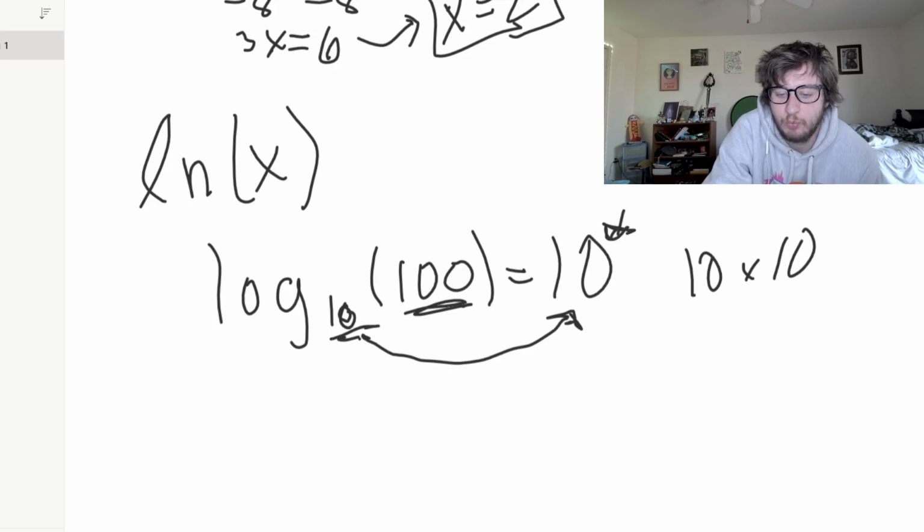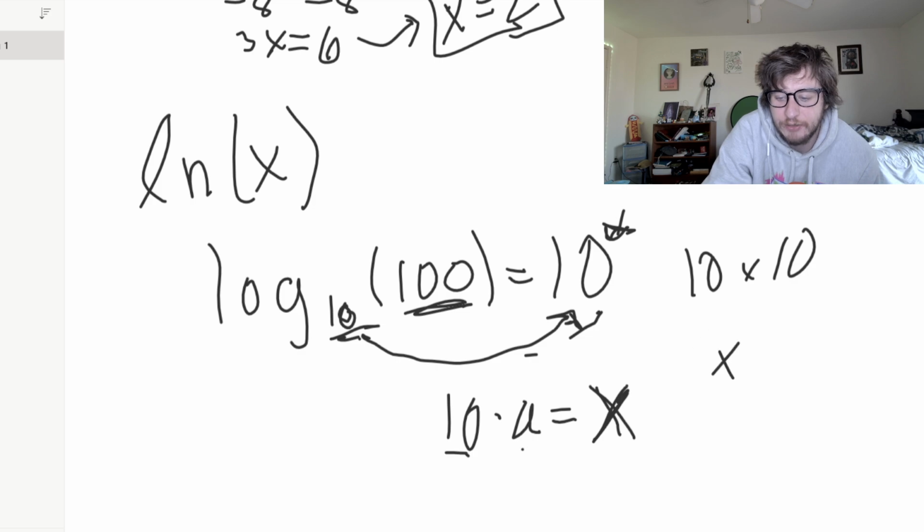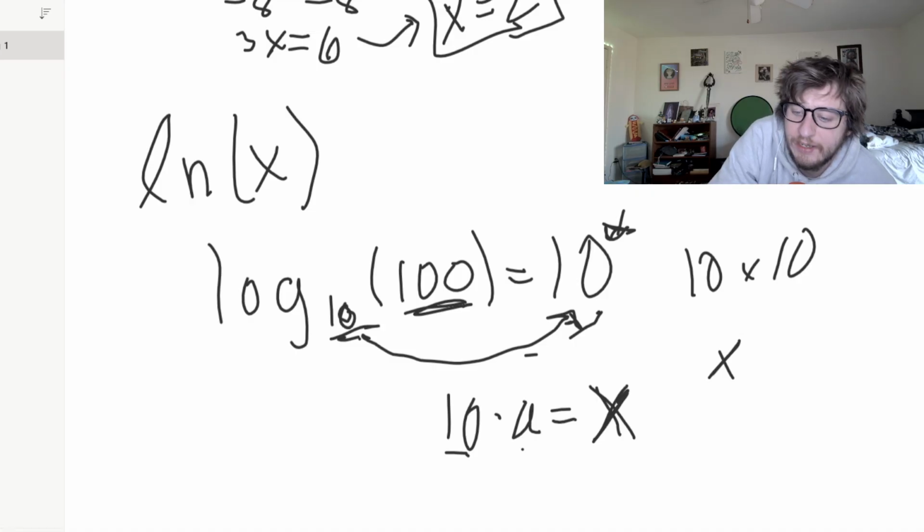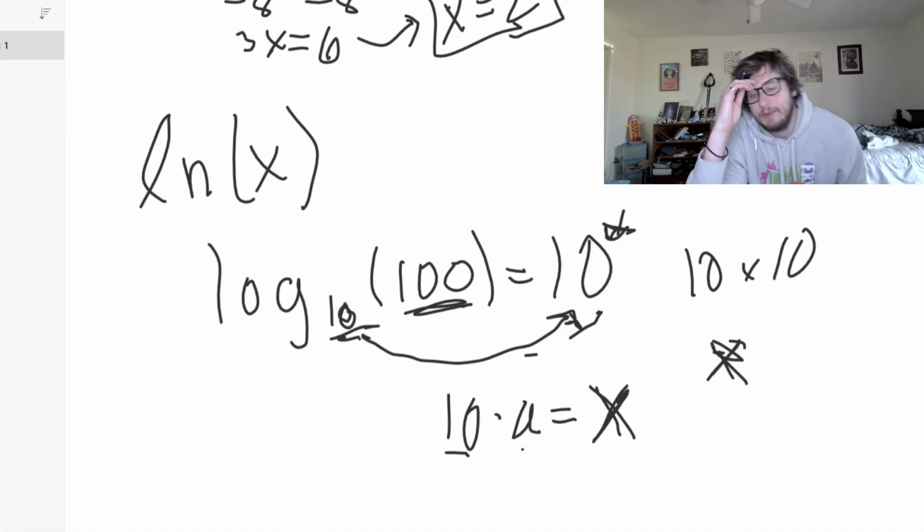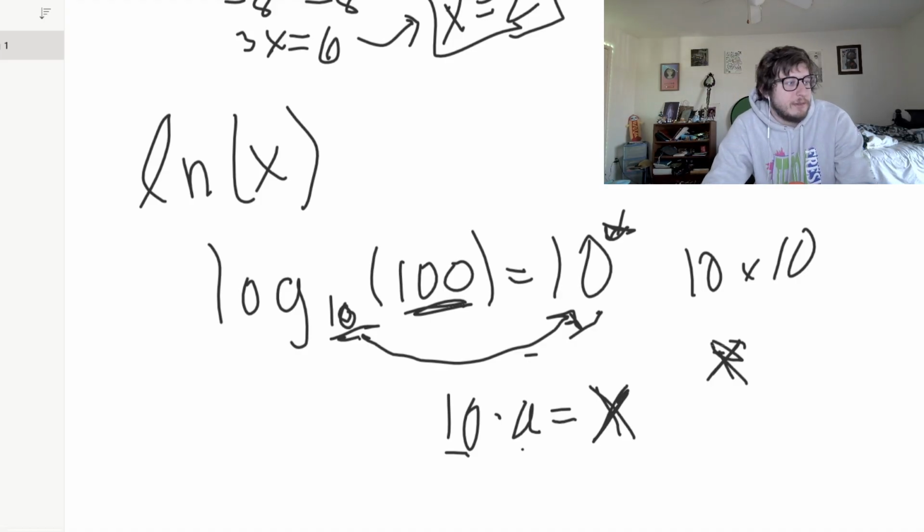So this is a roundabout problem where you say 10 times a equals x, and then you plug in x and solve for a, right? So in this case, when you do log base 10, I'm explaining this poorly. What is a logarithm? Maybe I don't know what a logarithm is.